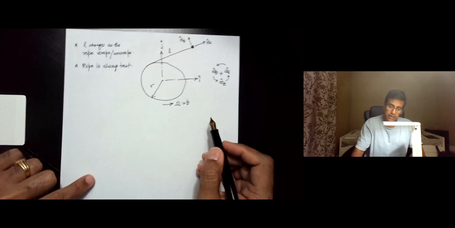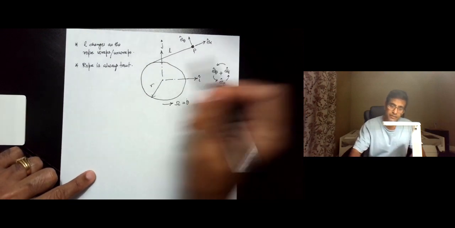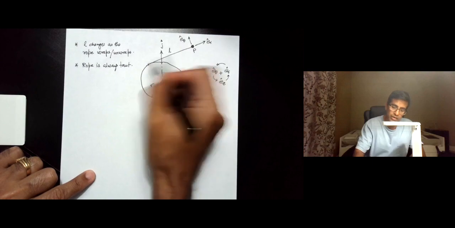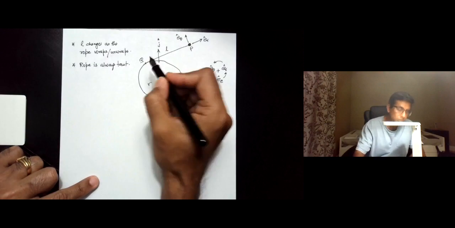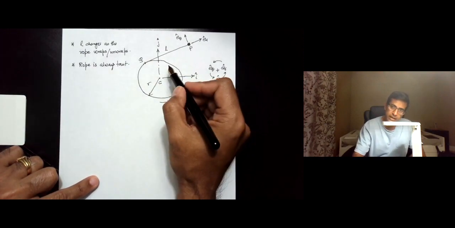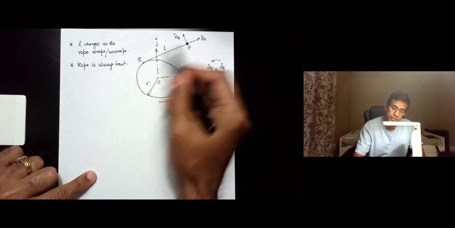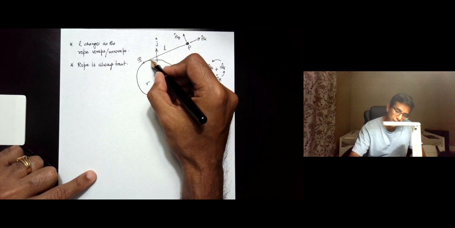If I denote the particle's position as P and the point where the rope is tangential to the disk as Q, center of the disk as C, then an arbitrary configuration of this rope with this disk can be given by a combination of two things.